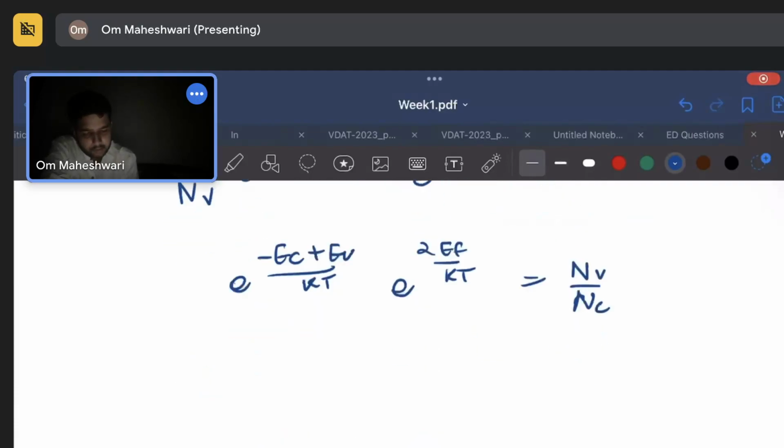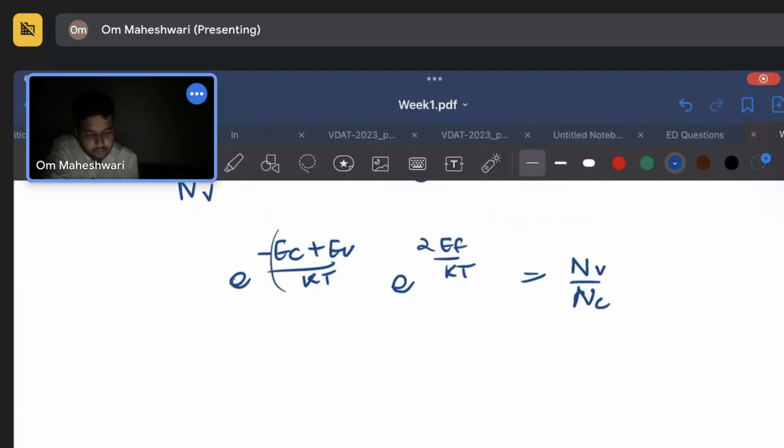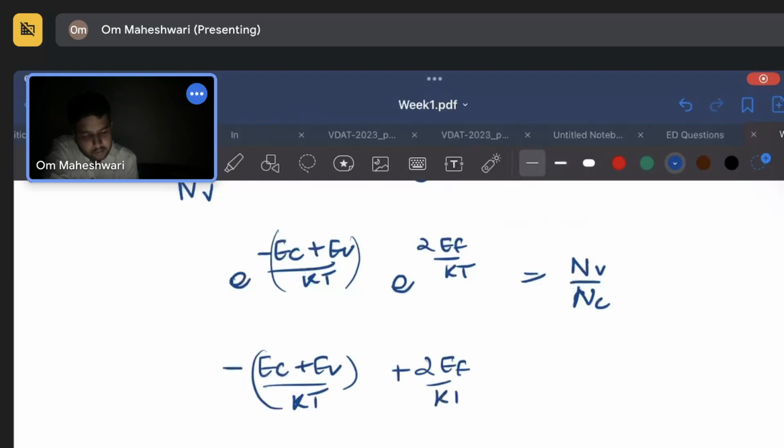Now let us take log on both sides. So it will be minus (ec plus ev) by kt plus 2 ef by kt equals ln of nv by nc.